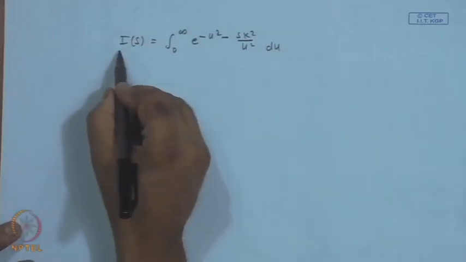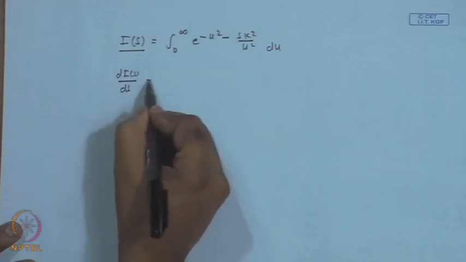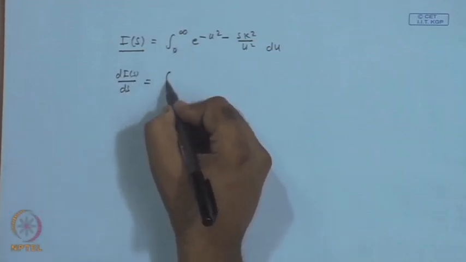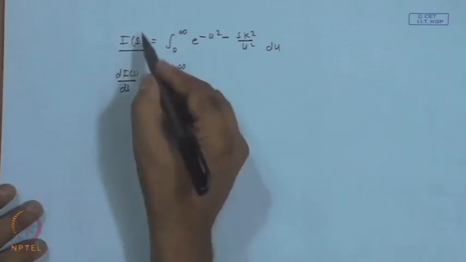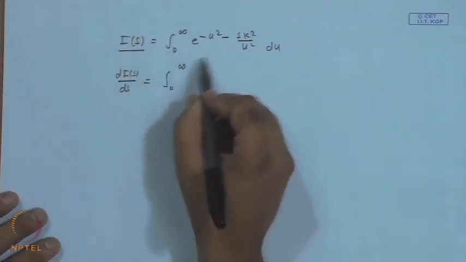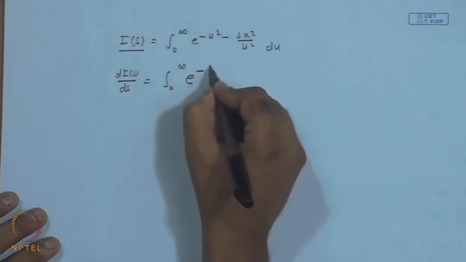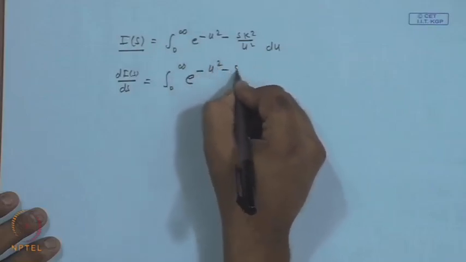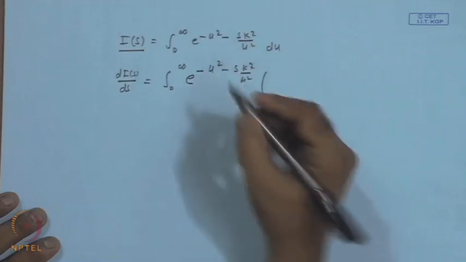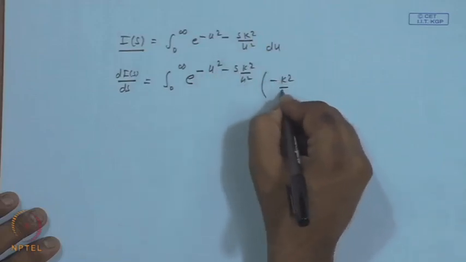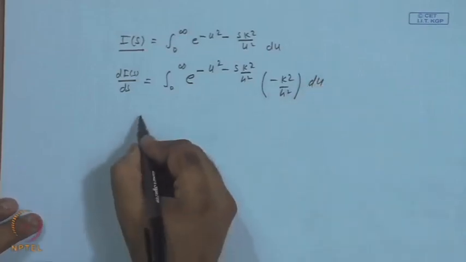Here the trick is that we differentiate this, dI over ds. Differentiation under the integral sign will help to get this integral value. So, with respect to s, this is again e to the minus u square minus s k square over u square, and differentiating with respect to s we get minus k square over u square, and then we have du.